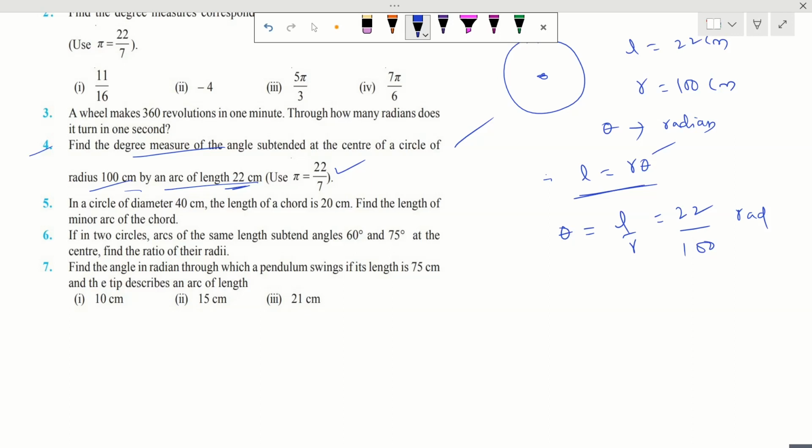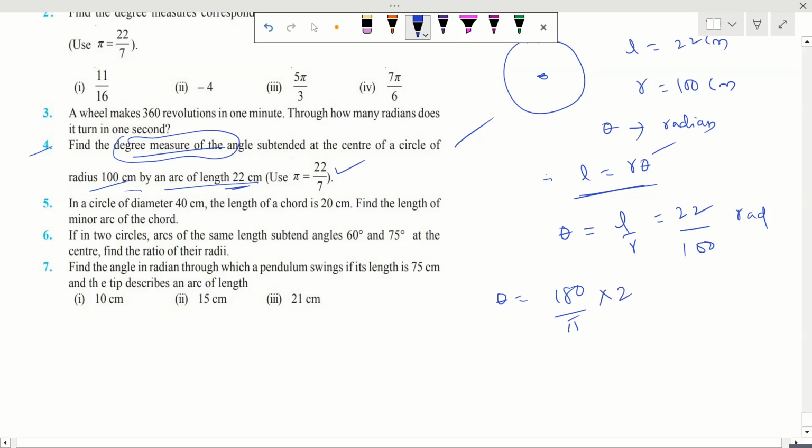We have to convert this into degrees, because the degree measure of the angle is asked in the problem. So we have to multiply by 180 by pi to this 22 by 100.